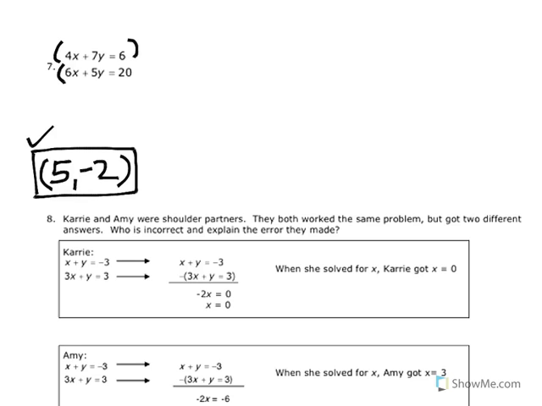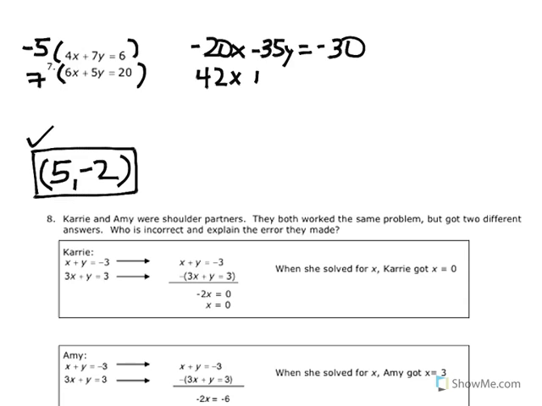So what I decided was to multiply the top equation by negative 5 and the bottom equation by 7. And by doing that, it will help me eliminate these y's. So watch, we get negative 20x minus 35y equals negative 30 on top. And then I get 42x plus 35y equals 140 on the bottom.